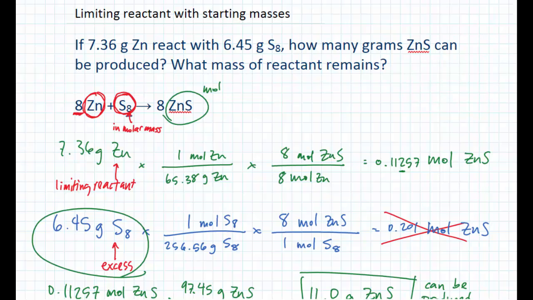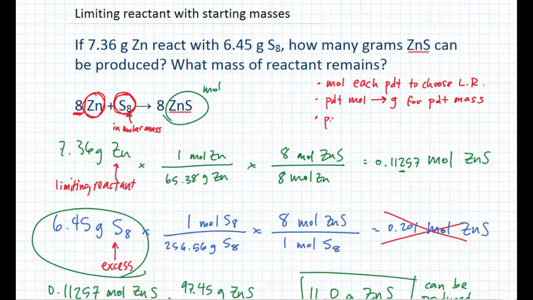So let's just make a little flow chart here. Moles of each product to choose the limiting reactant. Product moles to grams for product mass.